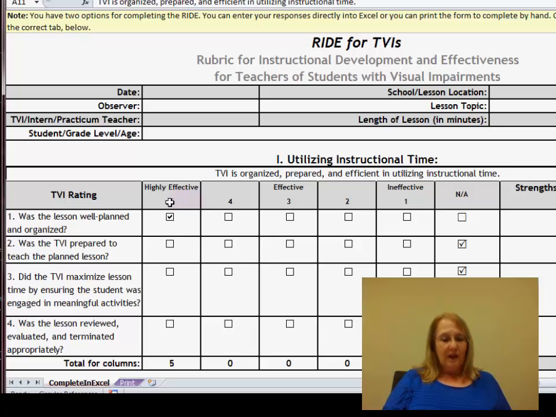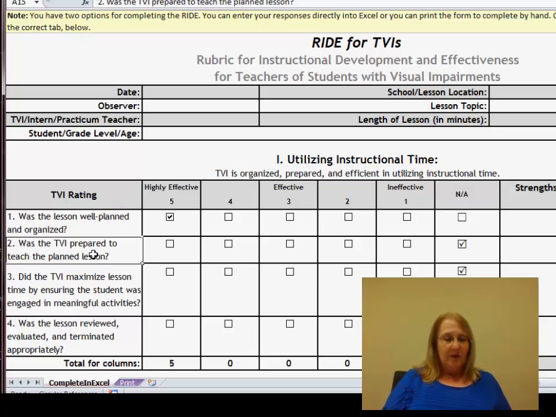So in looking under utilizing instructional time, let's just pick one of the questions. Like number 2 says, was the TVI prepared to teach the planned lesson? So you would be looking for some indicators of how prepared that teacher was. Were the materials already out and ready to go? Was there a lesson plan that showed they were highly prepared for teaching that particular concept?